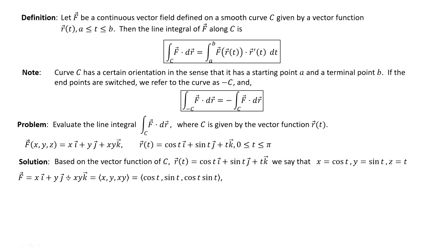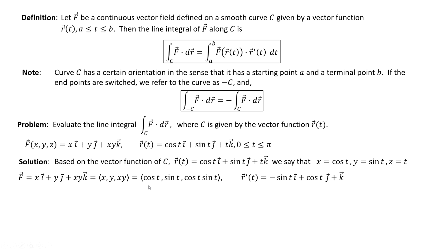If the question is, what happened to z? Nothing happened to z. This vector field has x, y, and z components, however none of the components depends on the z coordinate. That's the idea.